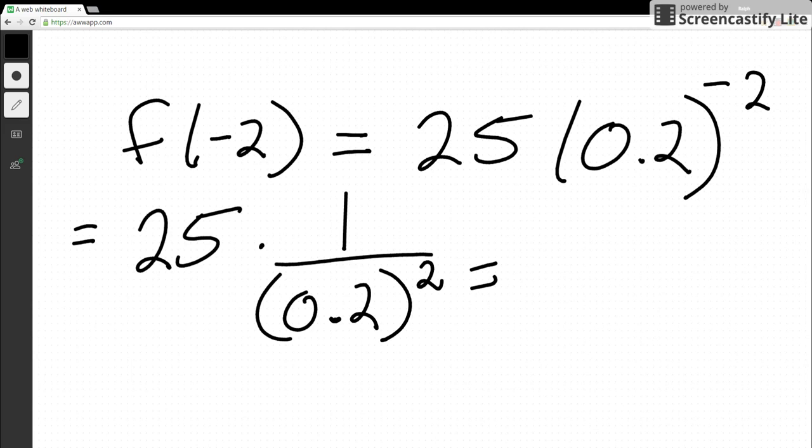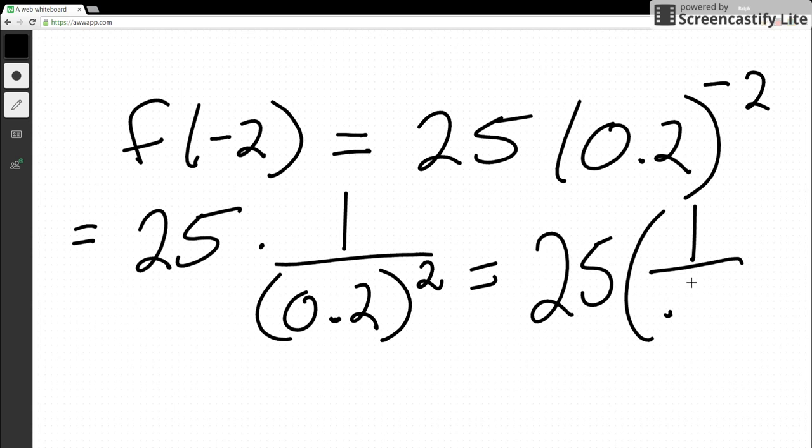So then I punch that into a calculator. 0.2 squared is 0.04. So this equals 25 times 1 over 0.04.